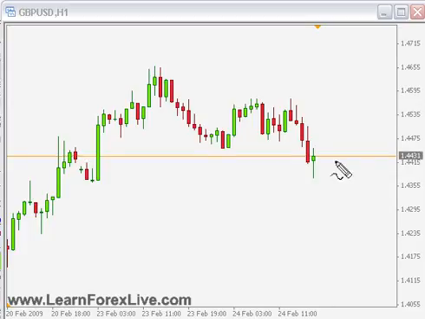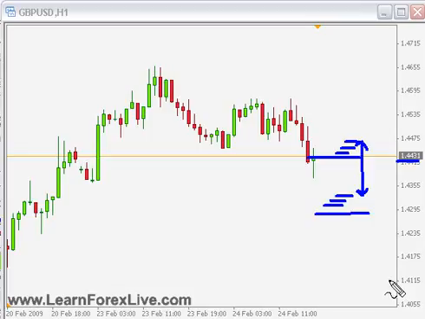Let me show you an example on my chart. Let's imagine you go long right there at 144.31 and you place your stop loss down here. Well, as price begins to move up, you can instruct your broker to keep trailing your stop loss in a way that's always 100 pips from the current market price.